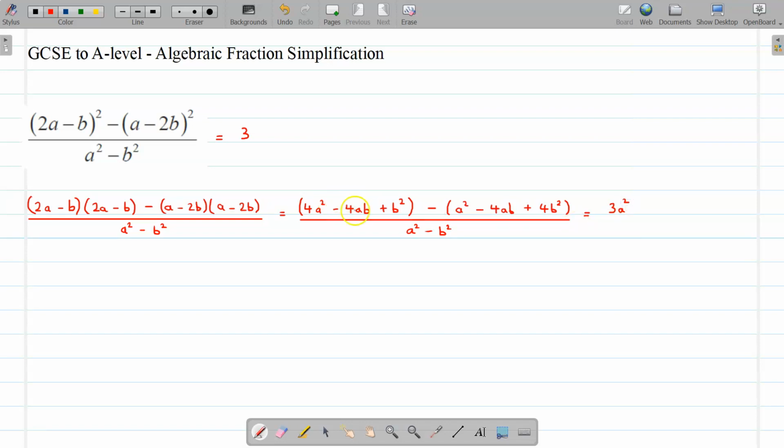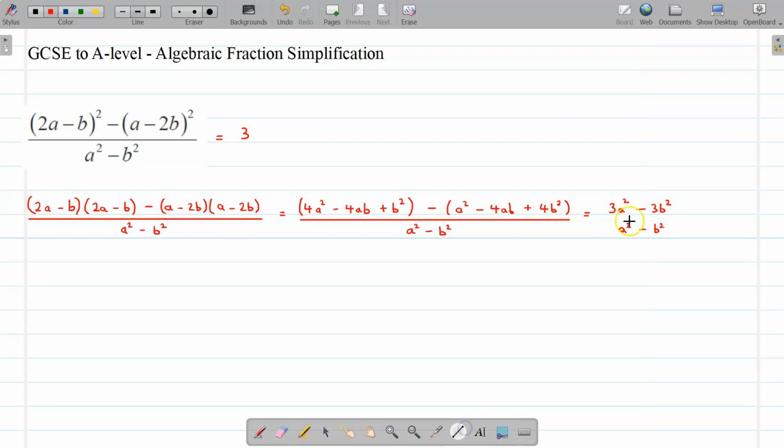I now have minus 4ab minus minus 4ab, and the minus minus is like plus, so that's like minus 4ab plus 4ab, which is 0. And I've got b squared minus 4b squared, which is minus 3b squared. And on the denominator, I still have my a squared minus b squared.